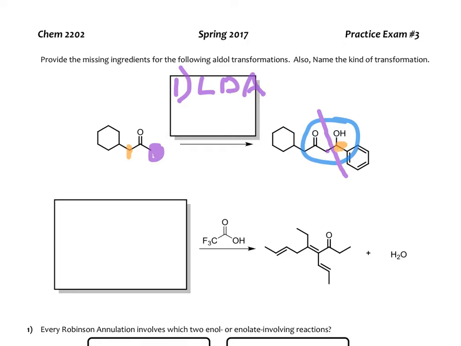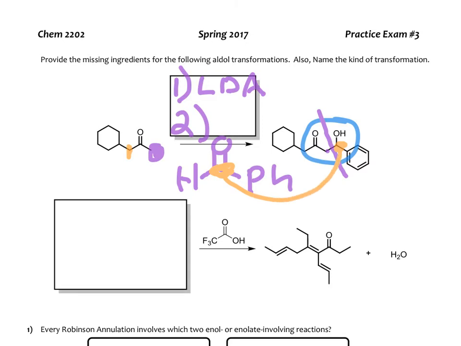That is attached to a phenyl group and a hydrogen, and that's exactly what our carbonyl electrophile will be attached to. So our second reagent here is going to be benzaldehyde, because our electrophile highlighted in orange is attached to a phenyl group and a hydrogen, just like that one.